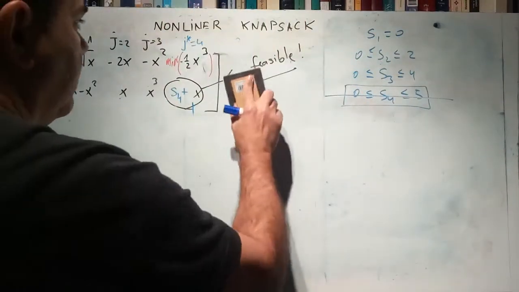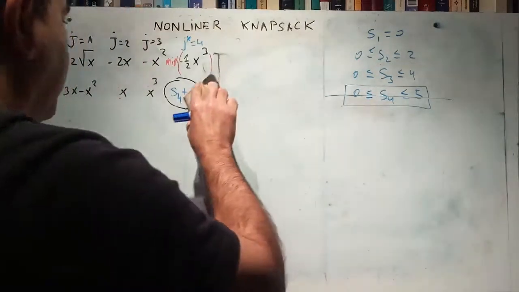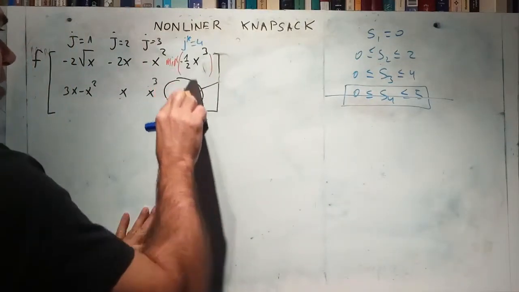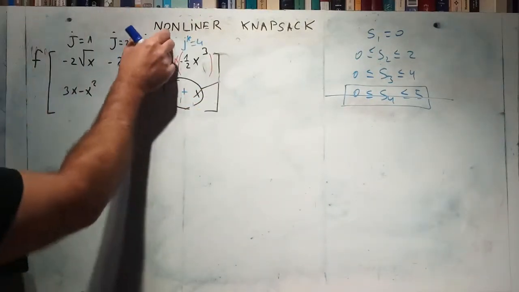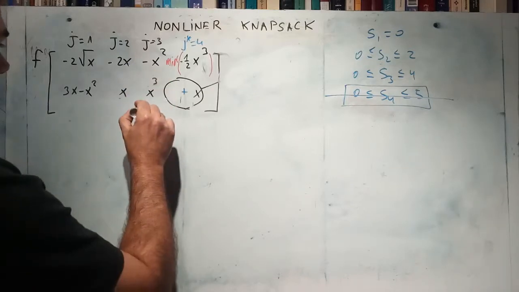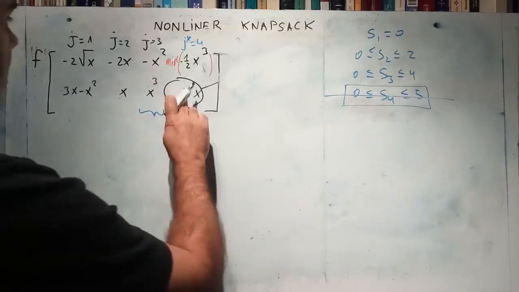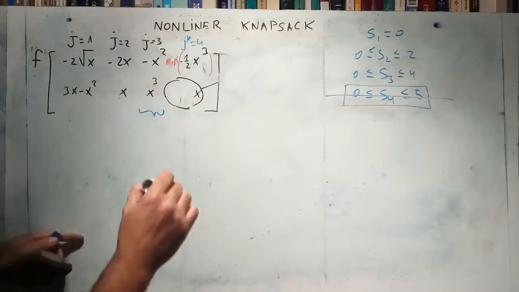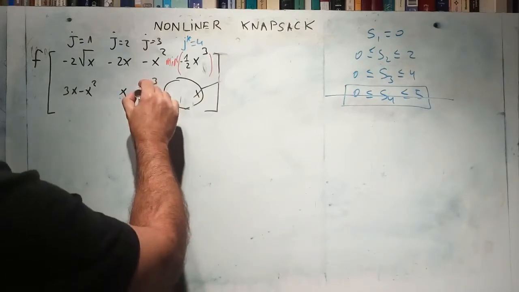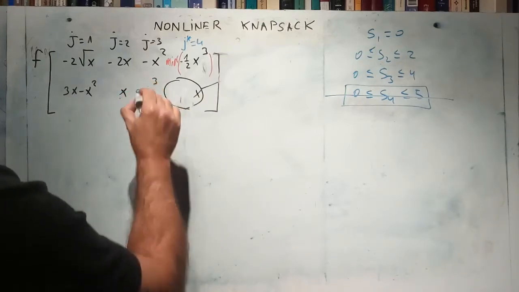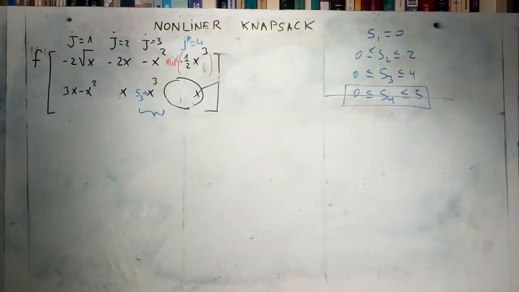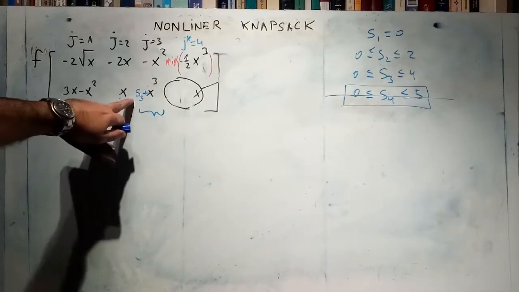Now I have to move to the third stage. So now I will be looking at this column for the third stage, but I will need to plug in the S3 variable, the stage 3 variable.